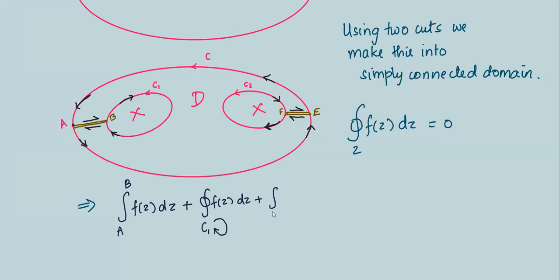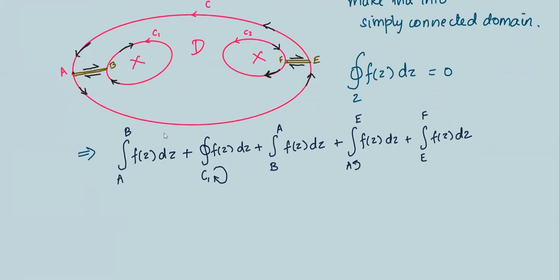Then plus integral B to A f of Z dz, plus integral A to E clockwise sense f of Z dz, plus integral EF f of Z dz. Maybe I'll write EF down. Easy to cancel.